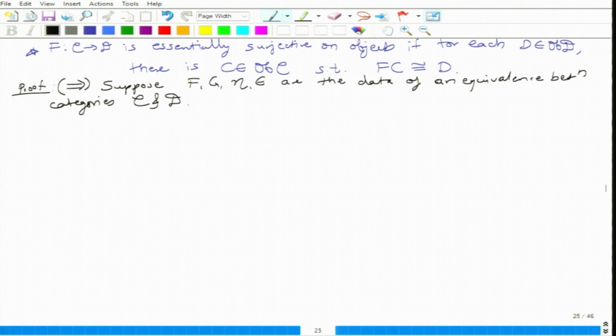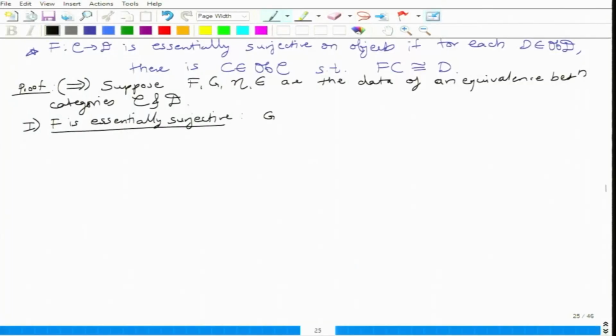If you want, I can write some diagrams, but they are just here. So we need to show, let us first show, F is essentially surjective. This is the thing we are trying to show. How do we show that?